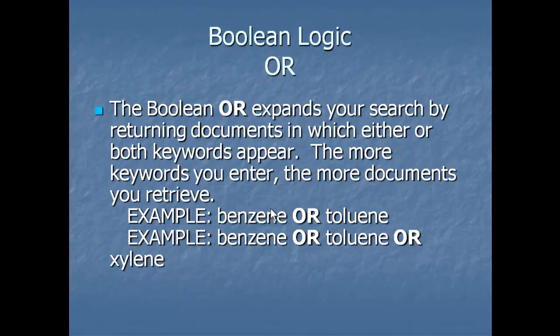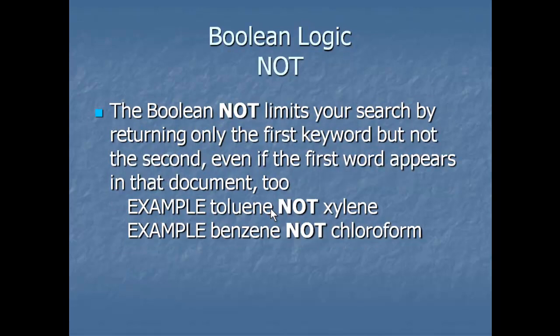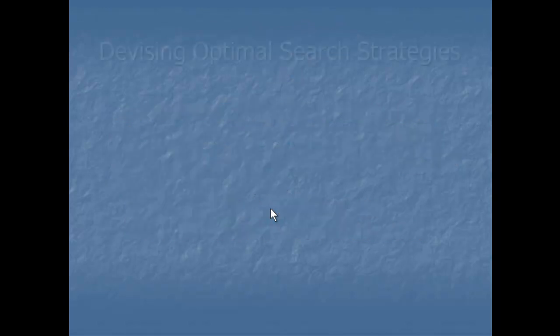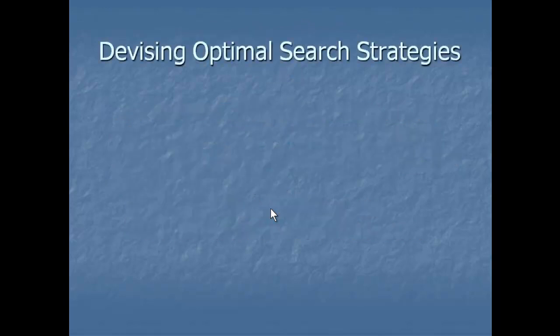The Boolean OR expands the answer set: benzene or toluene or xylene. The NOT limits it. So, for example, benzene, not chloroform. So your optimal search strategy is based on finding the most appropriate search terms with the best Boolean logic.